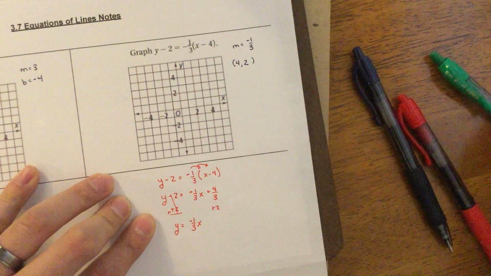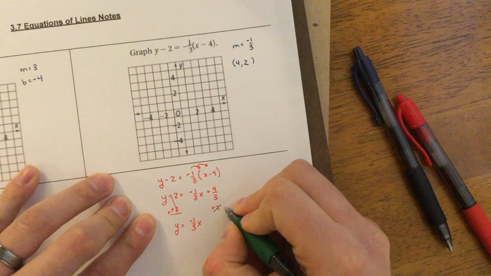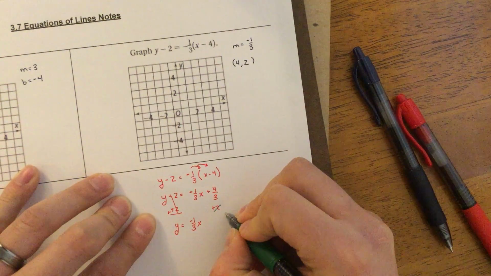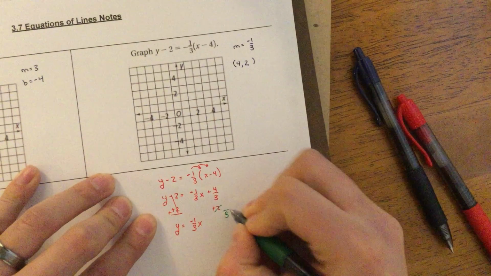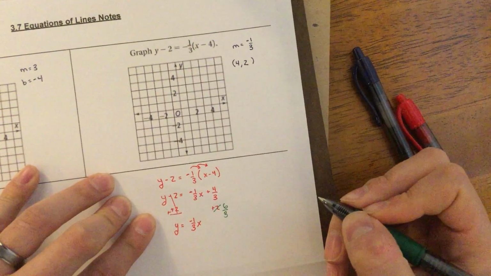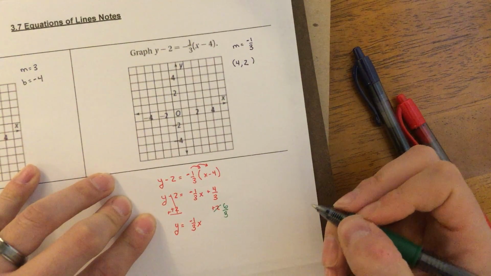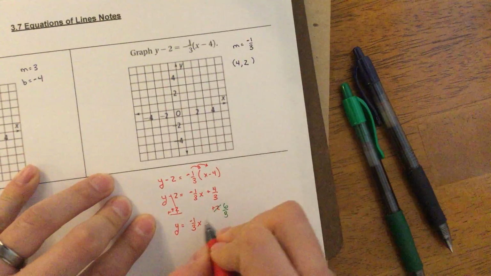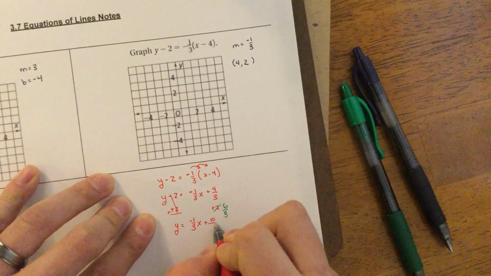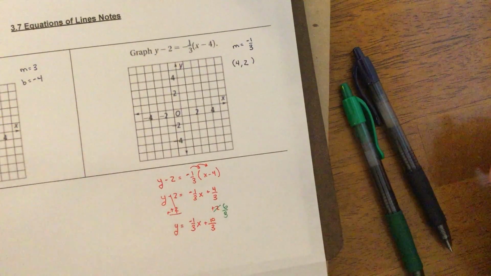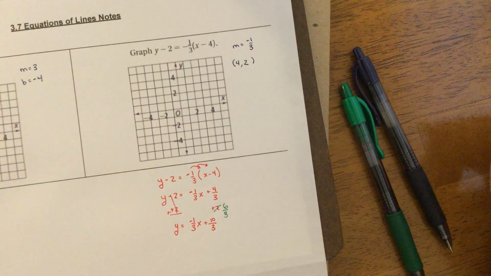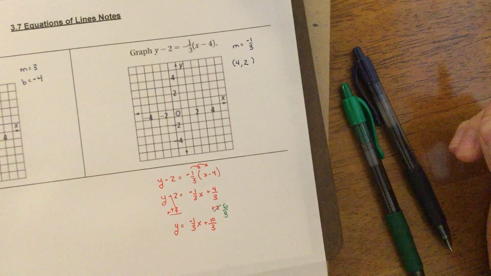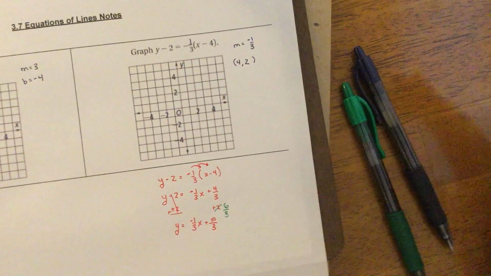Because I would have to take this 2, make it so it has the common denominator with that fraction, and then add it. So 10 over 3 is not really a nice number to graph, right? That would be 3 and 1/3. Not very nice to graph.